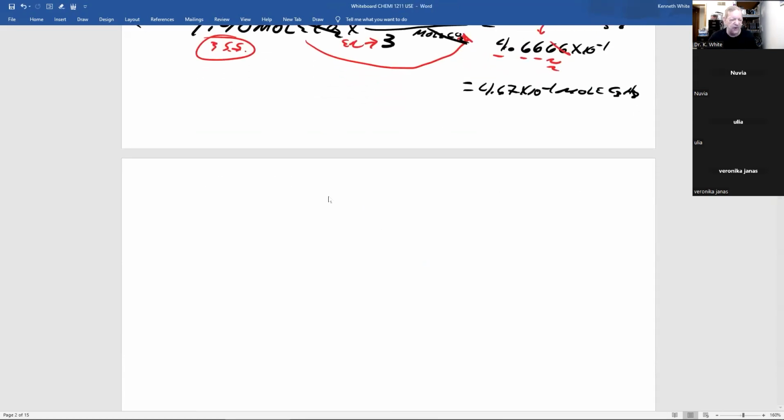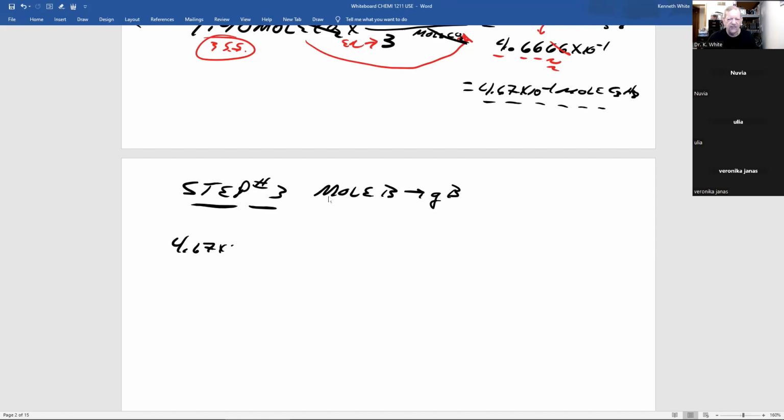So now I'll do step number 3, moles of B to grams of B. What's B? What we just calculated in step 2, 4.67 times 10 to the minus 1 moles of C3H8.